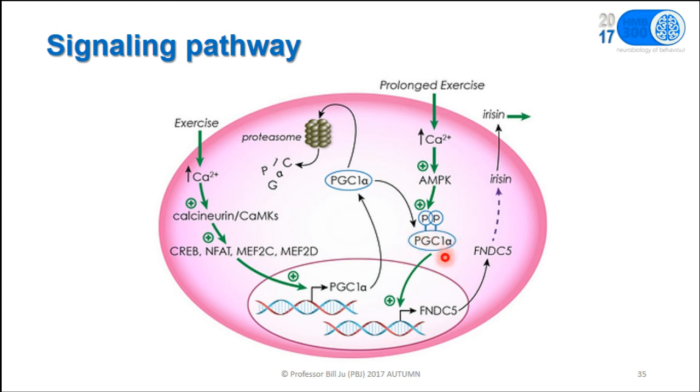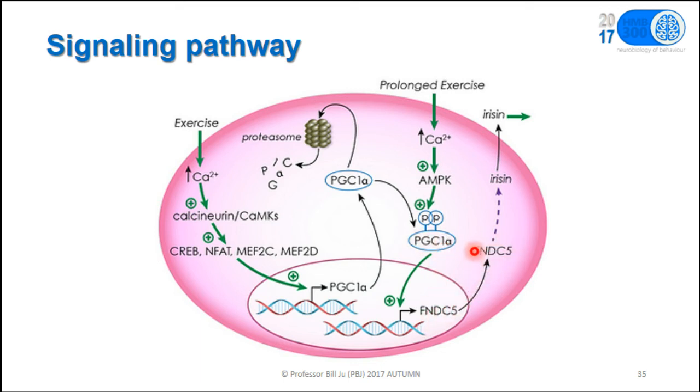PGC1 alpha in turn can act as a transcriptional regulator to activate the transcription of FNDC5. Now, we've talked about FNDC5. As you exercise more and more, you produce more and more FNDC5 through PGC1 alpha.